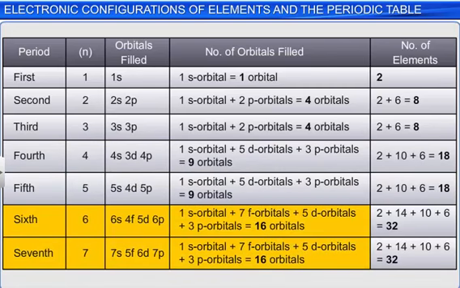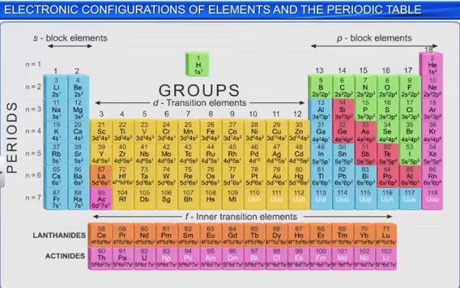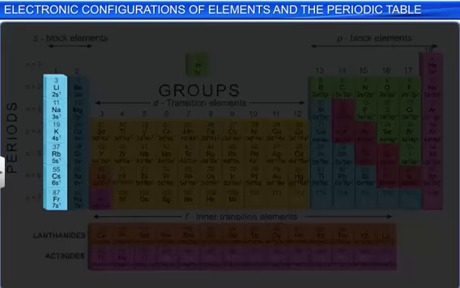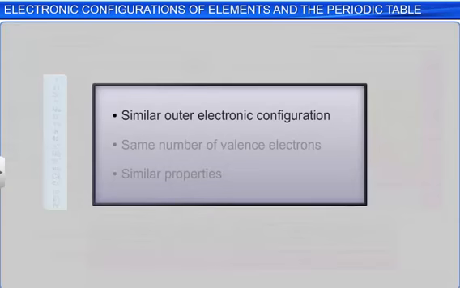The classification of elements across periods results in vertical columns of elements that have similar outer electronic configuration, the same number of valence electrons, and therefore similar properties. In other words, they belong to the same family or group.